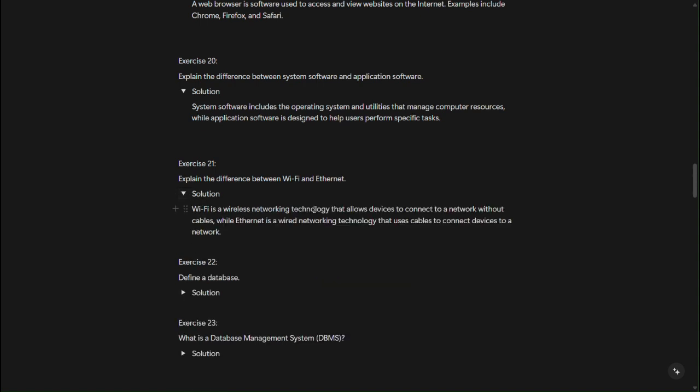Wi-Fi helps the device connect without cables, but Ethernet allows the device to connect to the network using a cable. This is the difference between Wi-Fi and Ethernet.